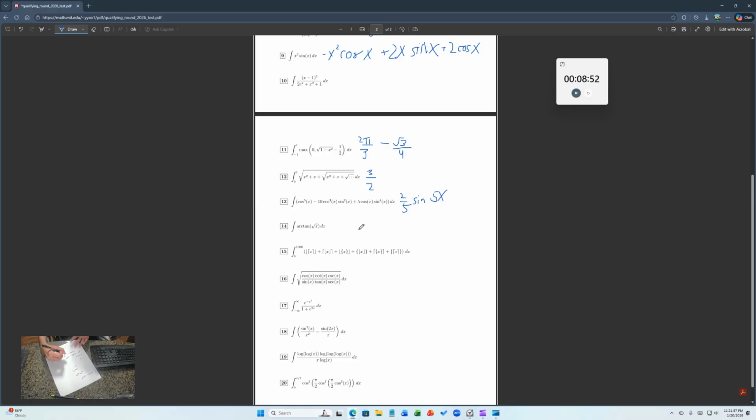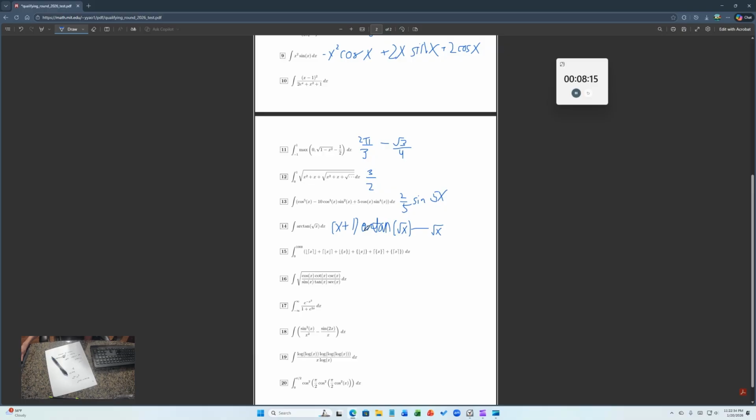And then this becomes minus t plus arctan t. And then when we plug in t equals square root of x, we get x arctan square root of x minus square root of x plus arctan square root of x. So we can express it more compactly as (x plus 1) arctan square root of x minus square root of x.